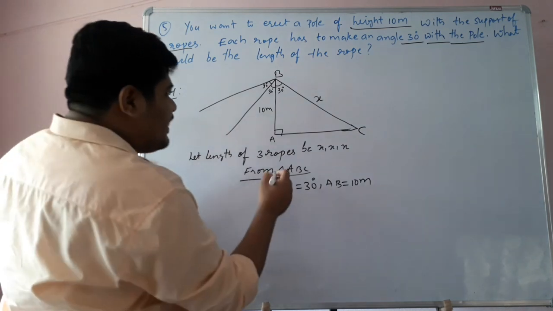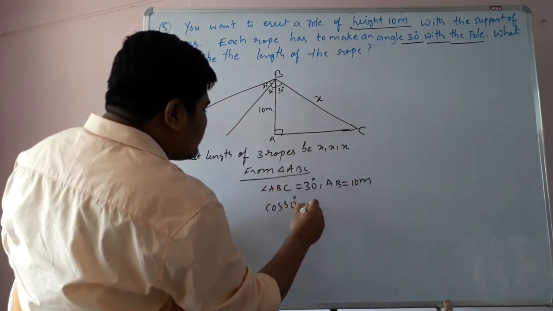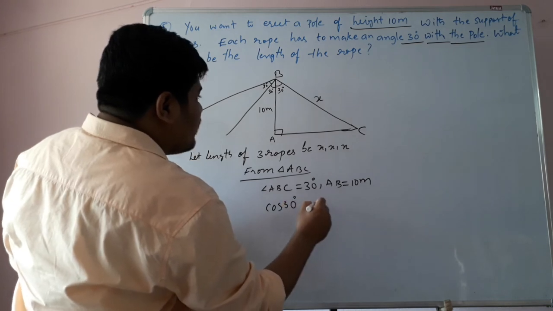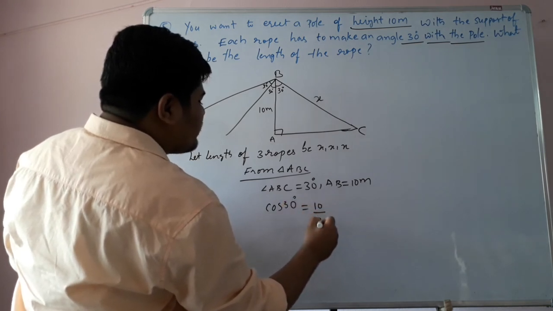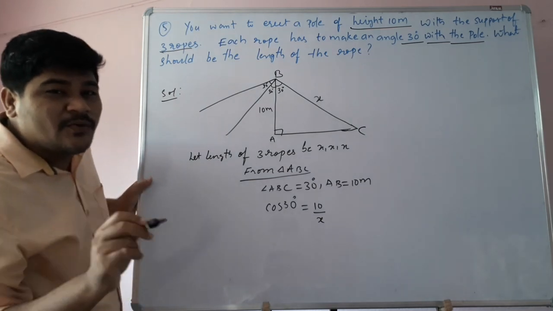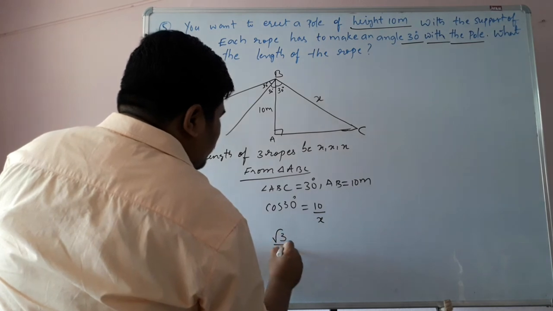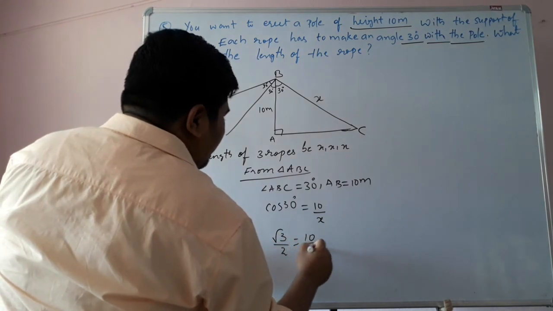So we can write cos 30 degrees is equal to 10 by x. What is the value of cos 30? Root 3 by 2. So root 3 by 2 is equal to 10 by x.